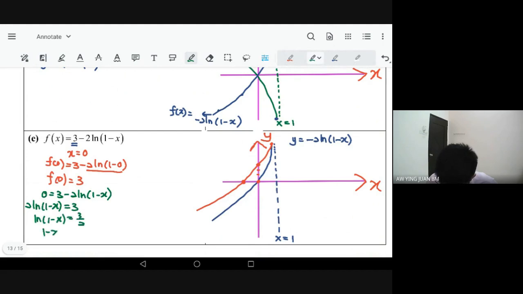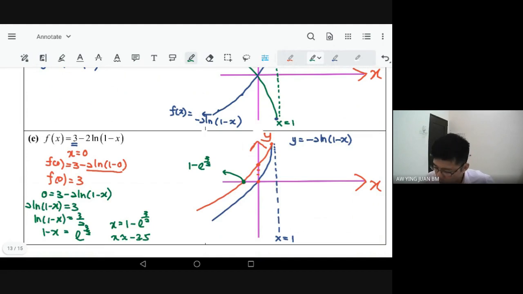1 minus x is equals to e to the power 3 over 2. Ln jadi eksponen 3 over 2. Akhirnya, x is equals to, tukar tempat dia, 1 minus e to the power 3 over 2. Sekali lagi, kalau you tekan kalkulator, you akan dapat x approximate negative 3.5. So, betul lah cadangan di sini. So, kita namakan dia 1 minus eksponen 3 over 2.